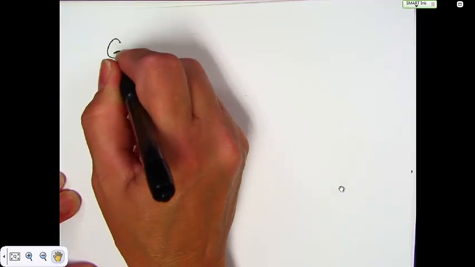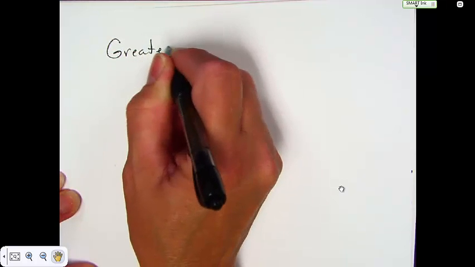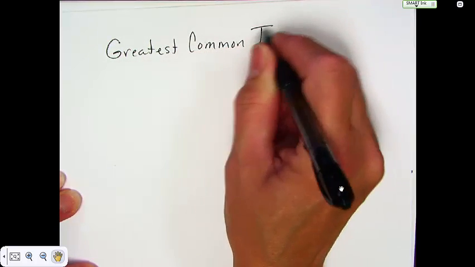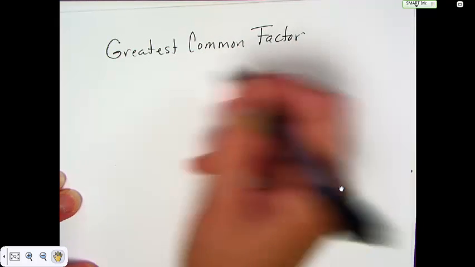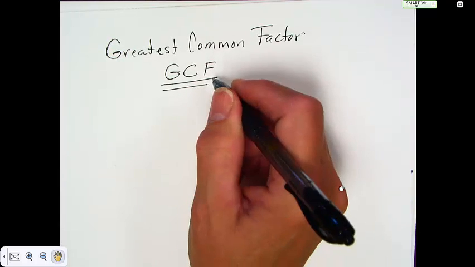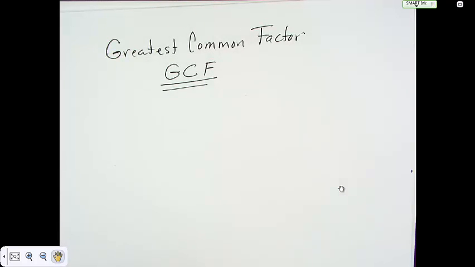Now, we are going to talk a little bit about greatest common factor because we need that. Okay, the greatest common factor, often referred to as a GCF. Okay, that is the largest number that will go into two numbers that we're choosing evenly.